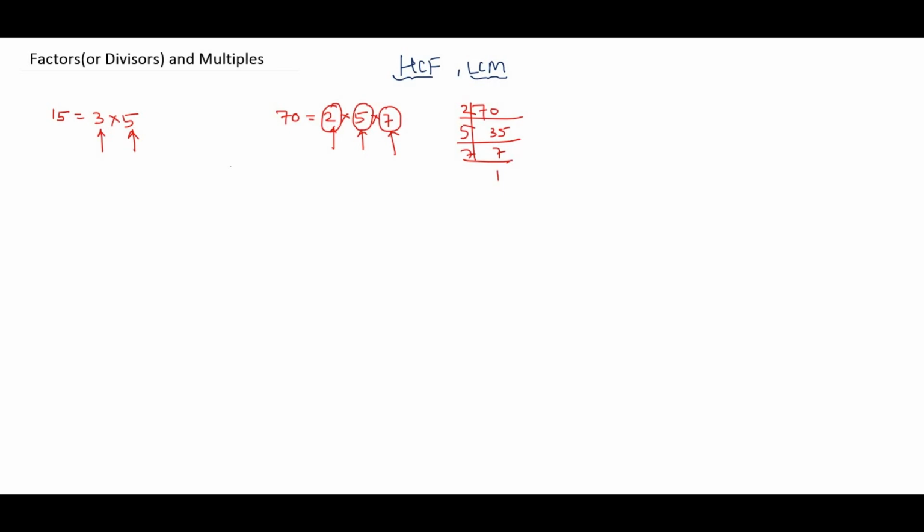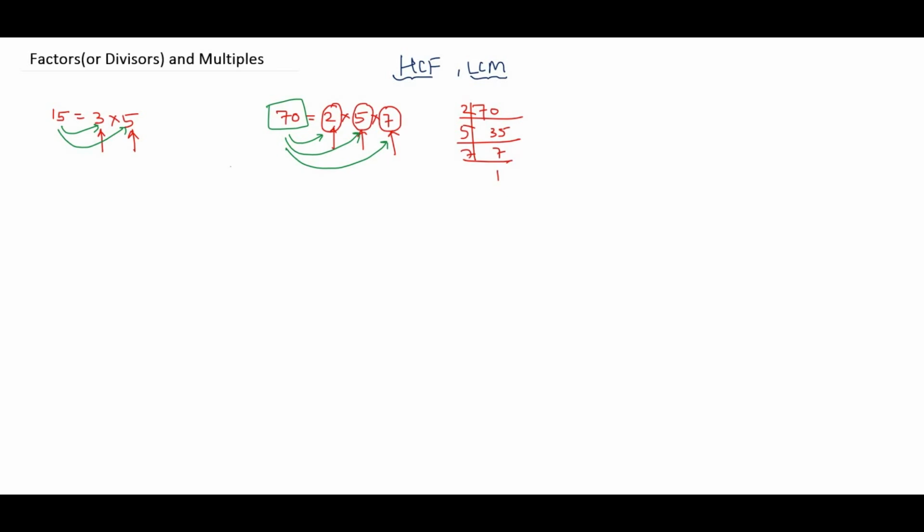And now this 70 is called a multiple of 2 or a multiple of 5 or a multiple of 7. Similarly, this 15 is a multiple of 3 or a multiple of 5, right?